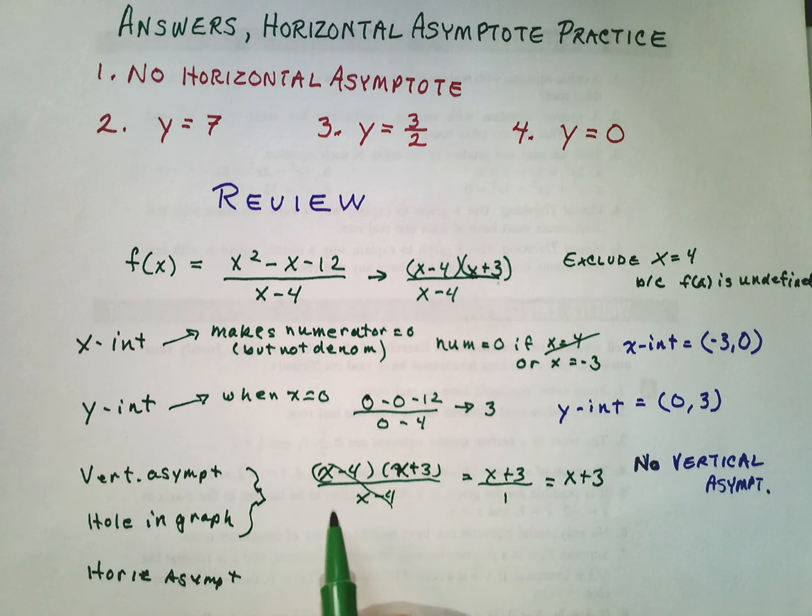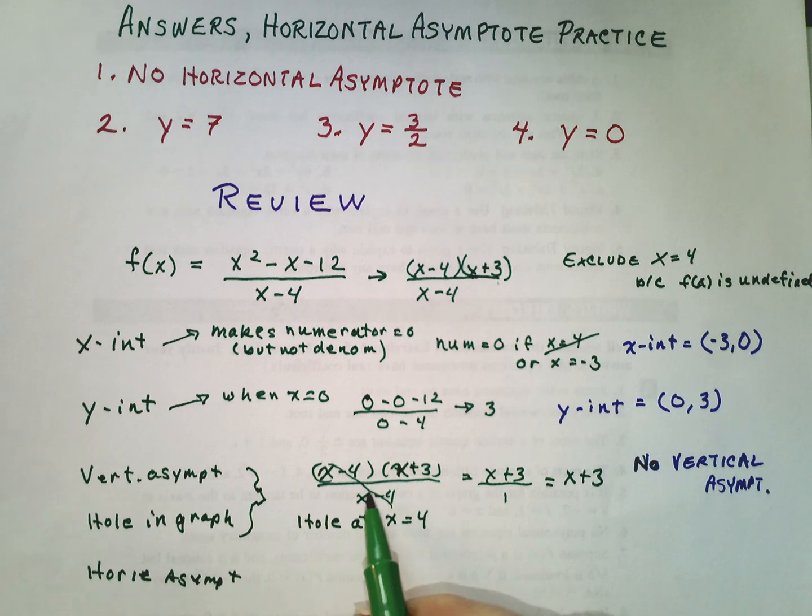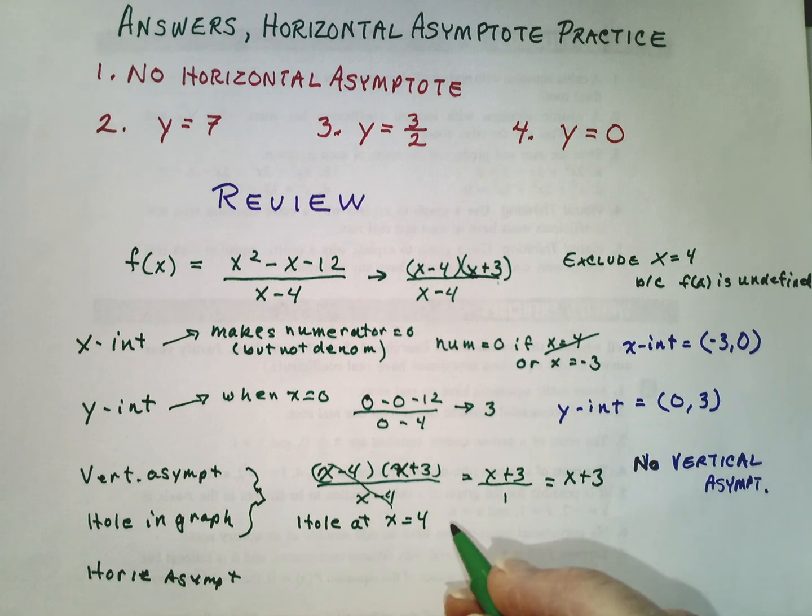But there is a hole in the graph at x equals 4, because that makes the denominator equal 0, but it canceled out. So it's not a major break, it's just a single point that's missing.